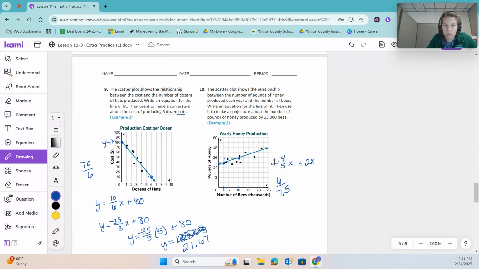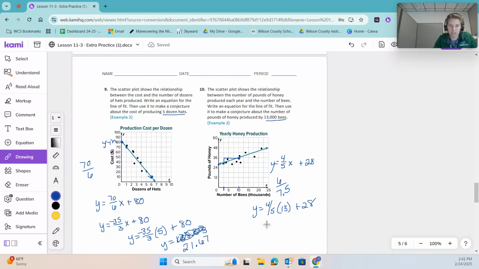So y equals 4/5 x plus 28. Then it says use this to make a conjecture about 13,000 bees. These are in thousands, so we're going to plug 13 in. So y equals 4/5 times 13 plus 28.